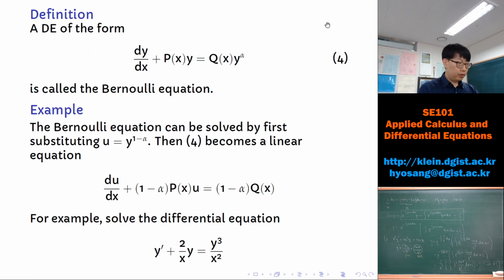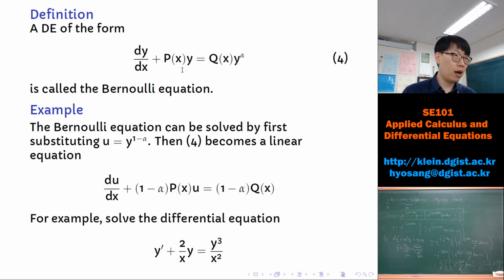And this is also another application of solving differential equations using the integrating factor. So suppose that you have a differential equation of this form: dy/dx plus p(x)y equals q(x)y to the alpha. Now this alpha may or may not be 1.